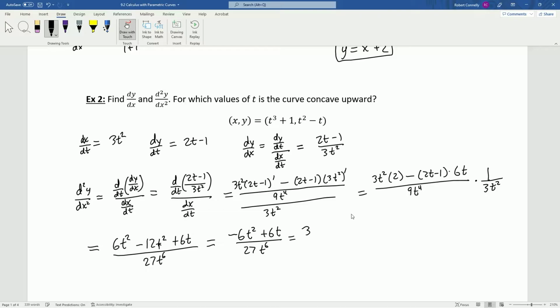We get 3 times t times (negative 2t plus 2), divided by, and now I'm just going to rewrite 27 as 3 times 9 and t to the 6th as t times t to the 5th. So we can cancel this out in front, and we get left with negative 2t plus 2 over 9t to the 5th.